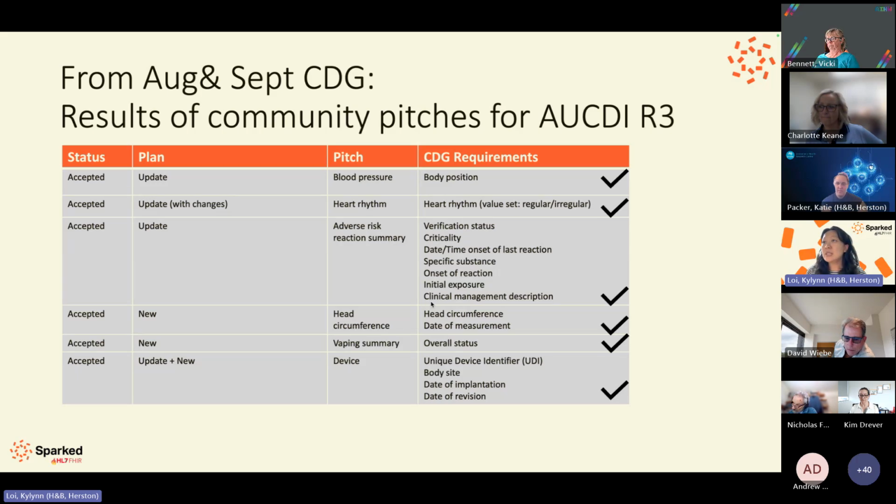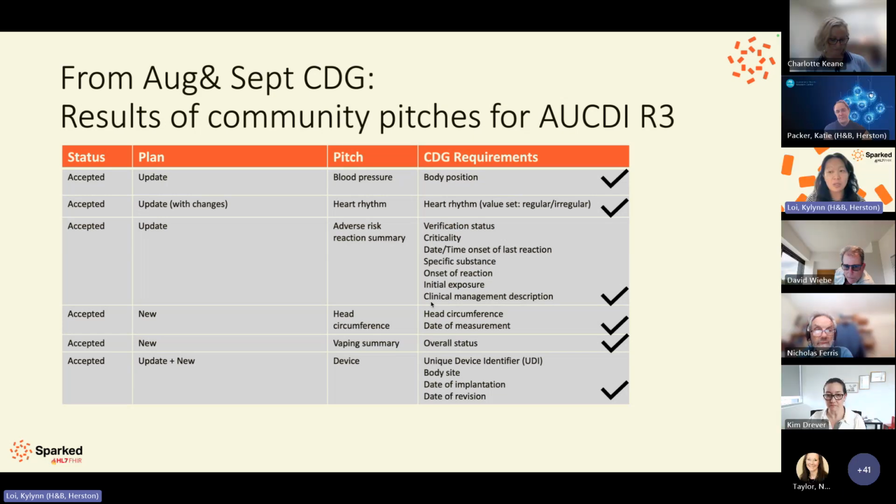Now, in terms of working through all of the community requests that we received for AUCDI R3 from our last CDG, we've worked through them all besides the two that I mentioned earlier, which we're still working through to understand what we need to do for AUCDI. We've updated blood pressure with the body position.